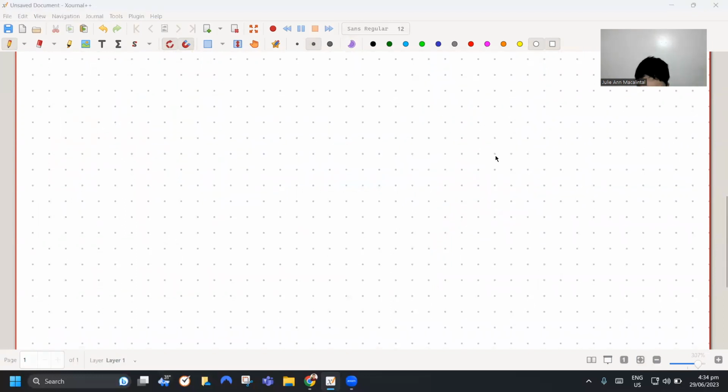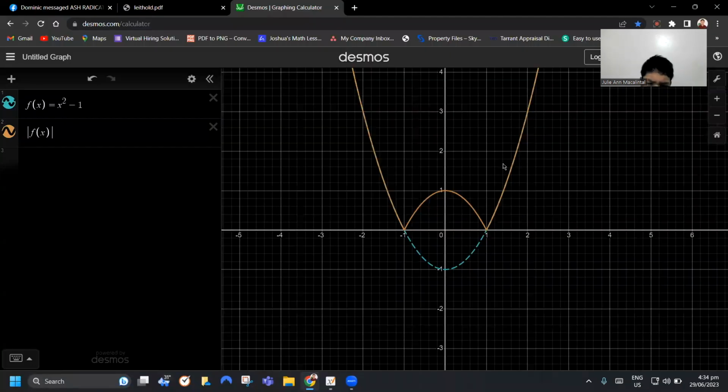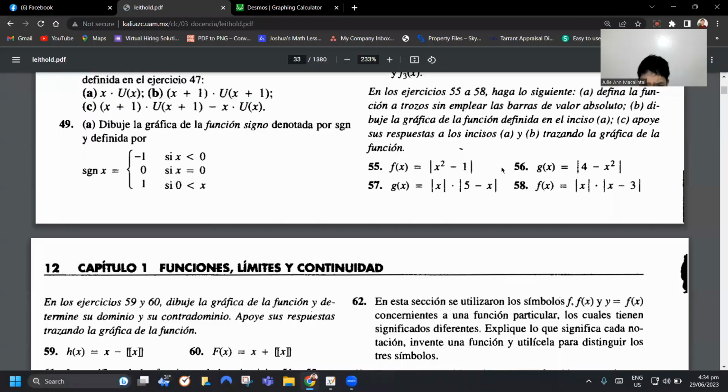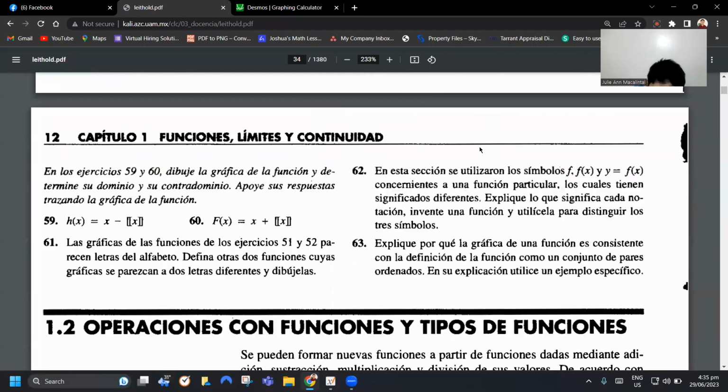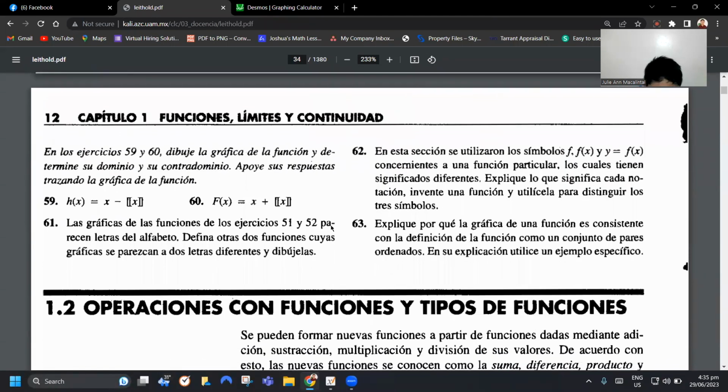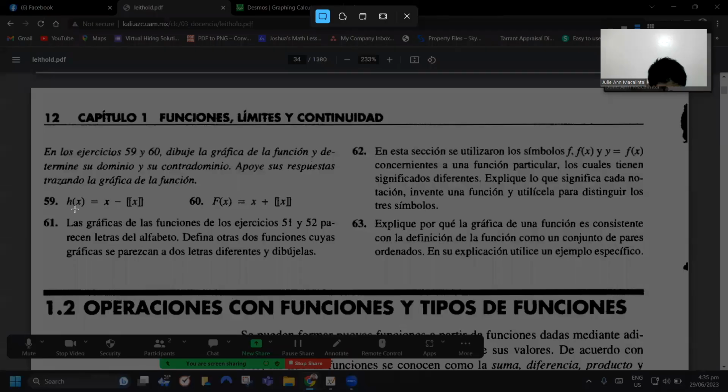Yung 59. Yung x minus floor of x. Oh no, floor function. Oh wait.